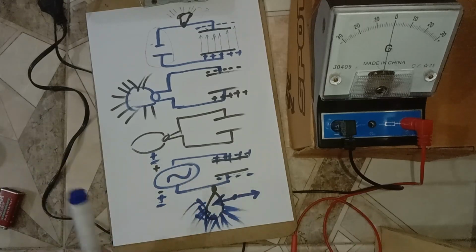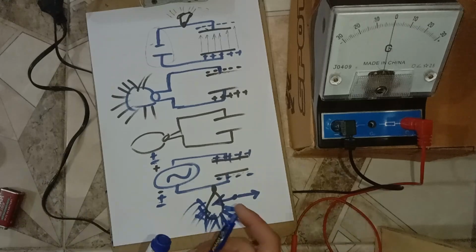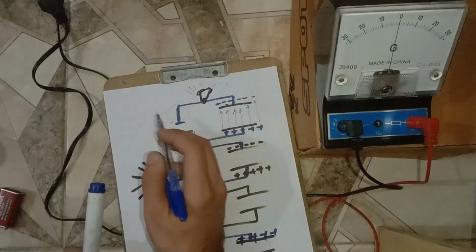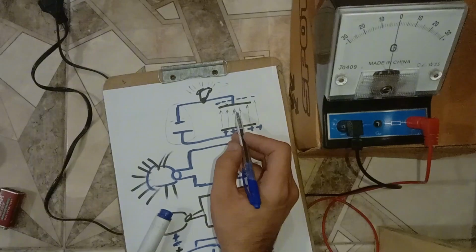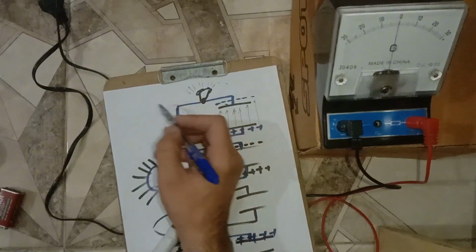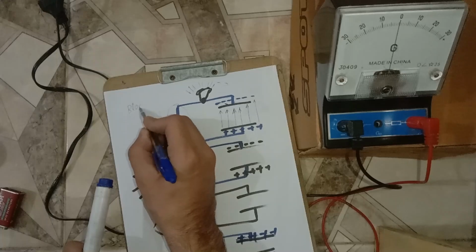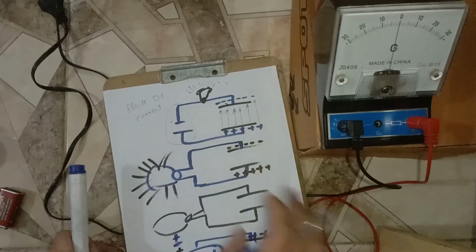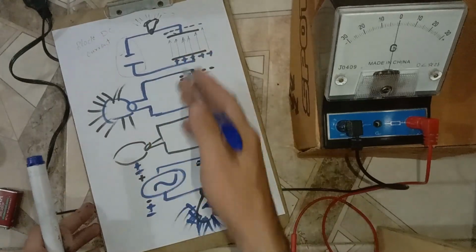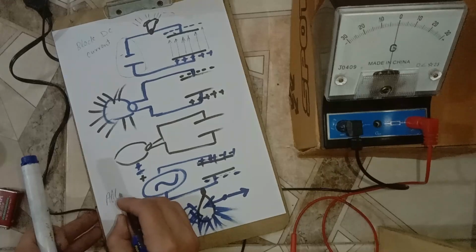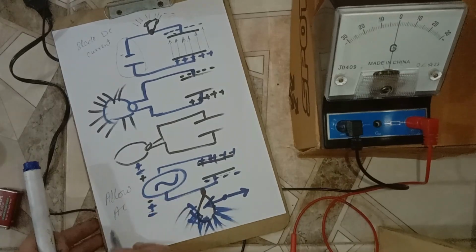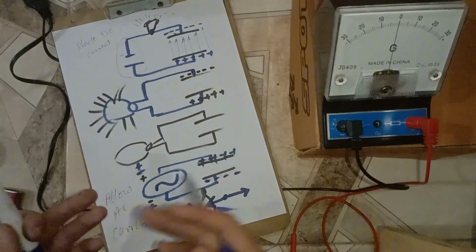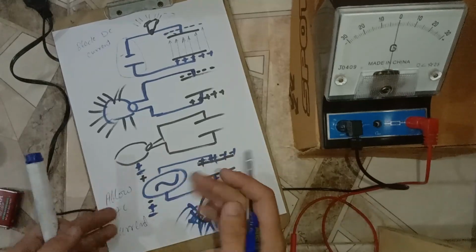So from here we conclude that this capacitor will block DC current, and this capacitor will allow AC current. This is the conclusion.